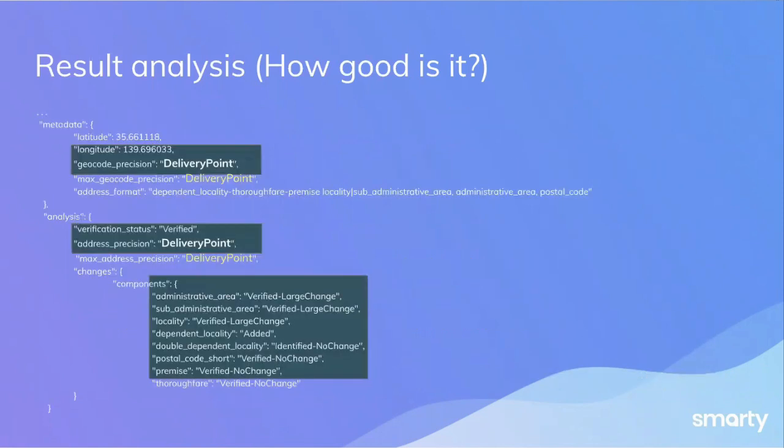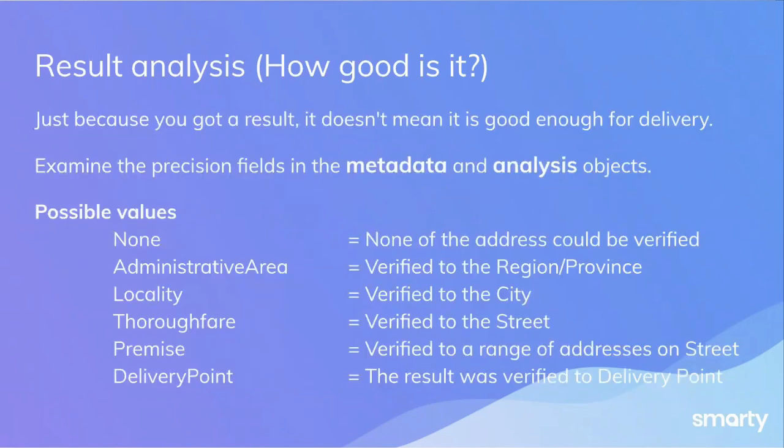In this case, we're looking at the top two boxes here, and how good the address can be. If you get an address precision of none, then nothing could be verified. We actually don't return that unless you really completely mess up the address. Administrative area means that you got it down to a region or a province, or if you wanted to relate it to the United States, that would be a state.